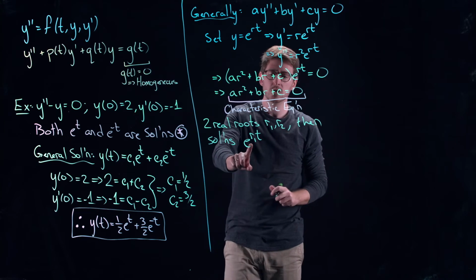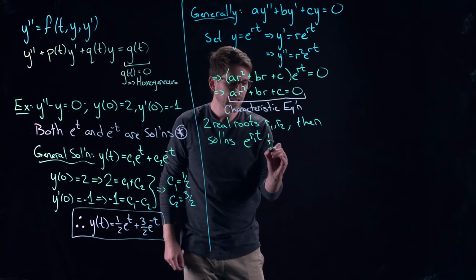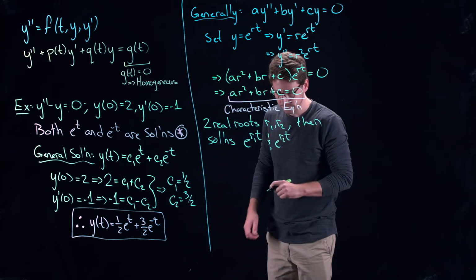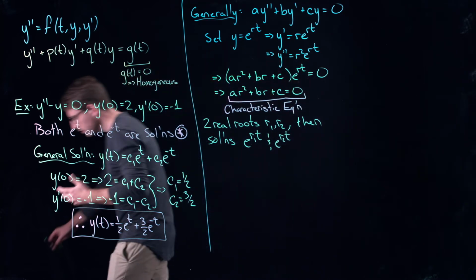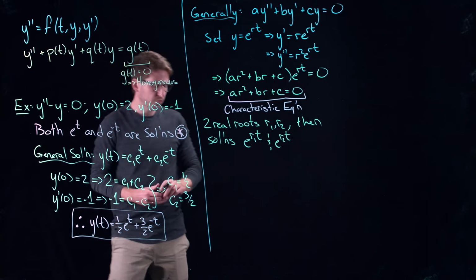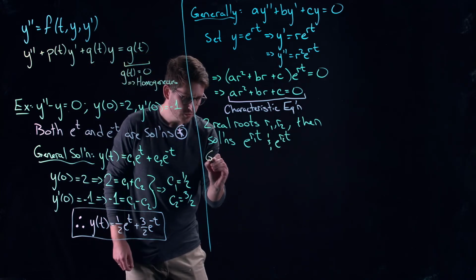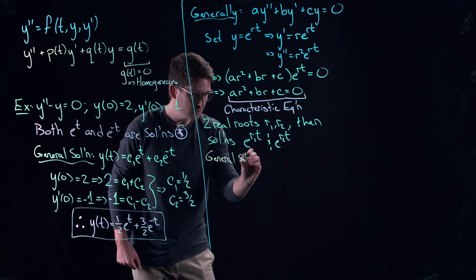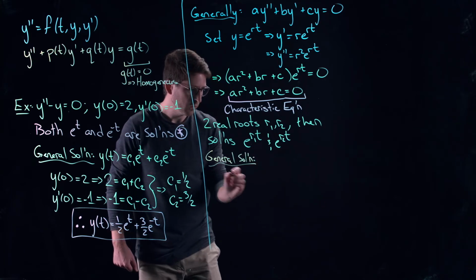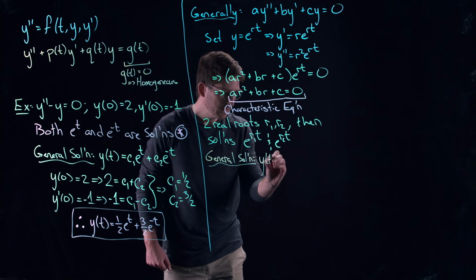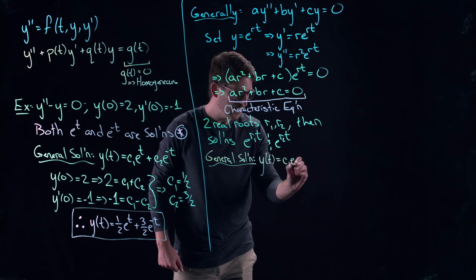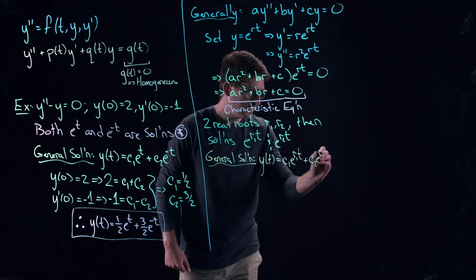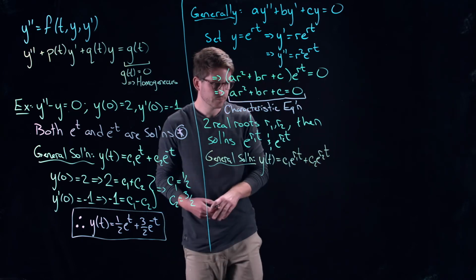So that gives me a solution e to the r1 t. And I've got another one, e to the r2 t. And so, therefore, I get a general solution, which is given by y of t is equal to c1 e to the r1 t plus c2 e to the r2 t.